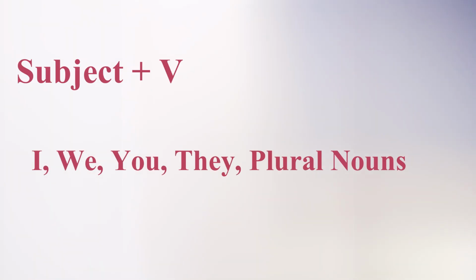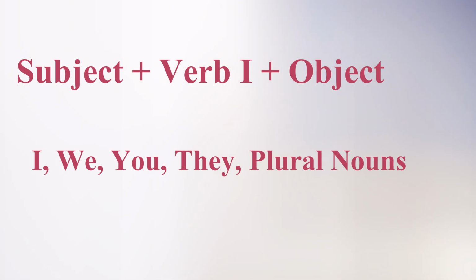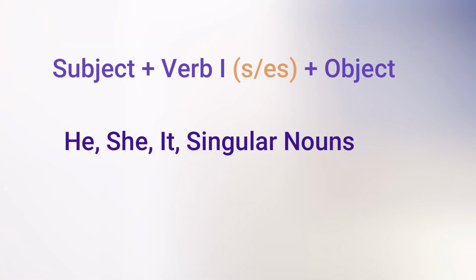So this is one pattern: subject plus first form of the verb plus object, right? You will use this pattern with I, we, you, they and other plural nouns, such as children, farmers. And there's another pattern of affirmative sentence: subject plus verb first form with s or es, then plus object.